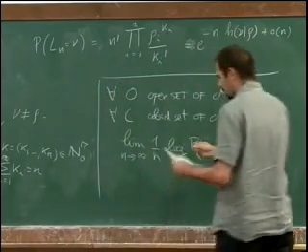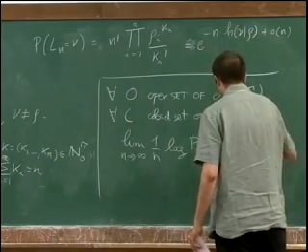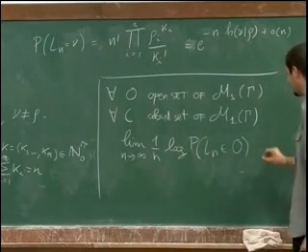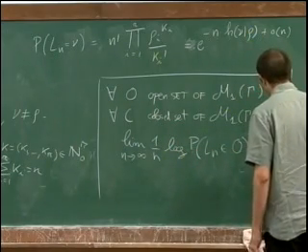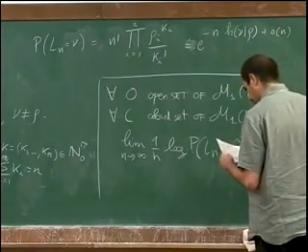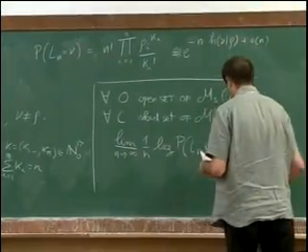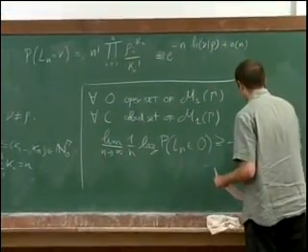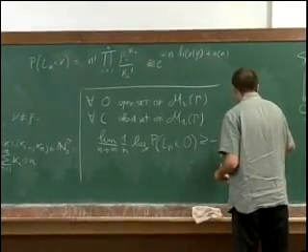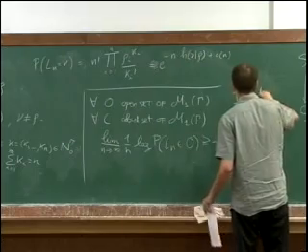If you take the probability that Ln belongs to an open set, and then you look at the rate of exponential decrease, you take the inferior limit, and you get that this is greater than or equal to minus the infimum over nu in the set of I of nu, where I of nu is exactly the relative entropy.